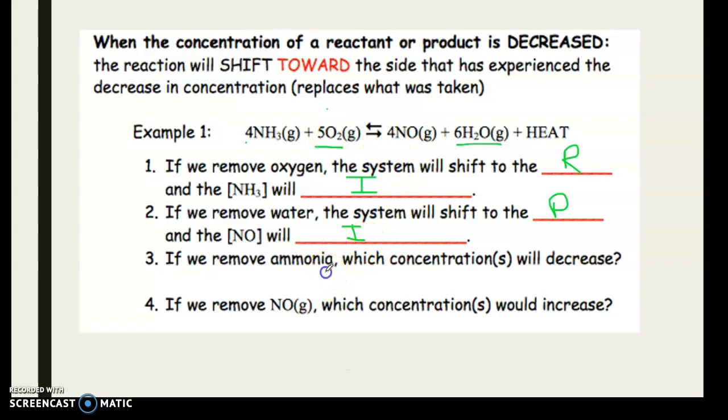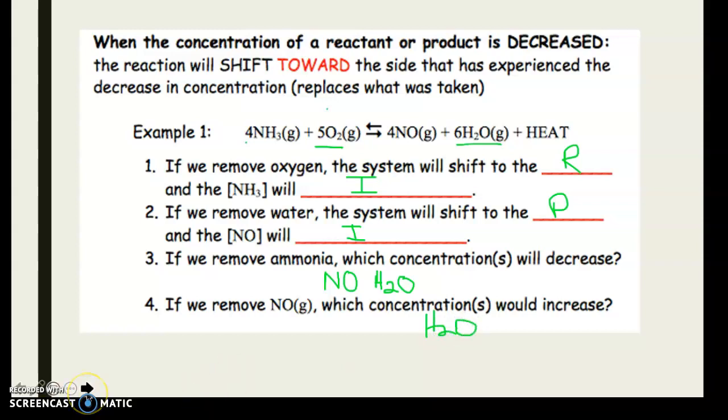So our concentration of NO and H2O would decrease. If we remove NO gas, which is right here, which concentration would increase? Well, NO is on our product side, so we will shift back towards our product side, meaning that the concentration of H2O would benefit and it would increase as a default.